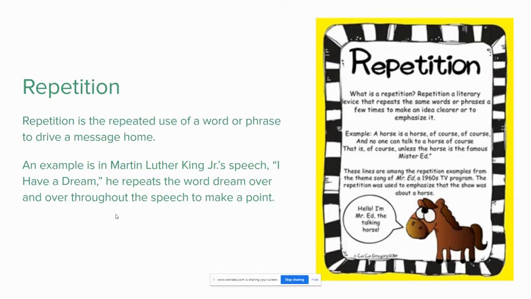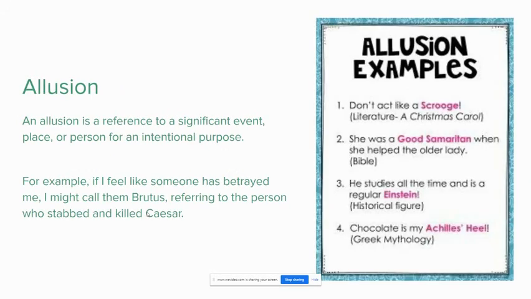For example, in Martin Luther King Jr.'s speech, I Have a Dream, he uses the word dream over and over again, not grammatically the same throughout the speech, but the same idea, the idea that a dream is something that we strive for. A dream is something that is important. A dream is something that we need to have and keep working towards. So using that word dream over and over again makes a point.